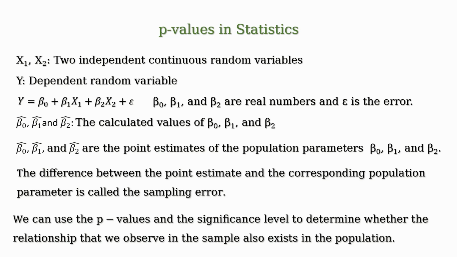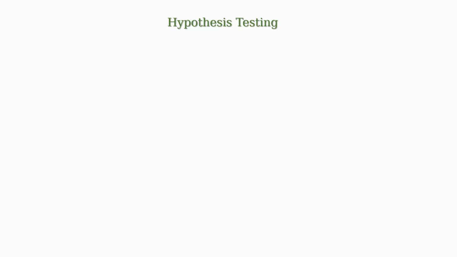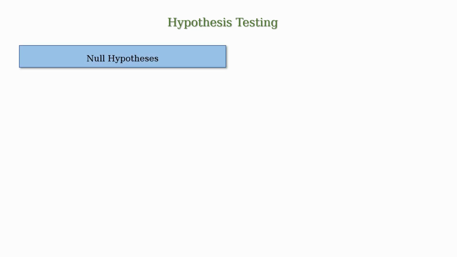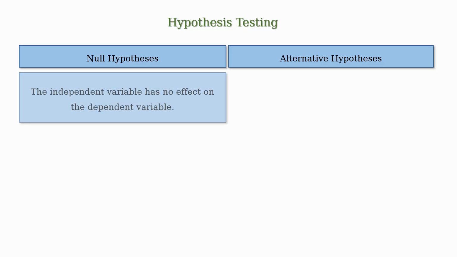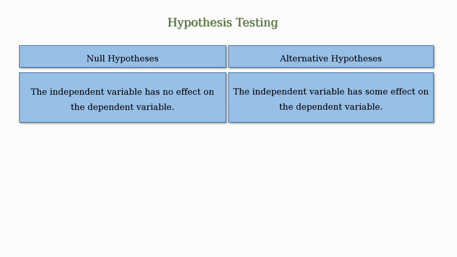In our example, there are two continuous independent variables, x1 and x2. So, we can state a null hypothesis and an alternative hypothesis for each independent variable. The null hypothesis will be that the independent variable has no effect on the dependent variable, and the alternative hypothesis will be that the independent variable has some effect on the dependent variable.